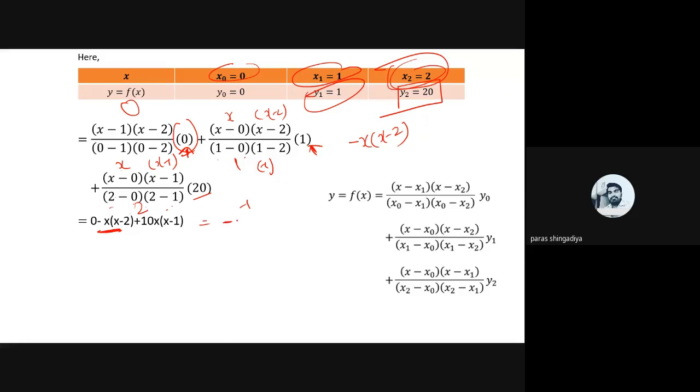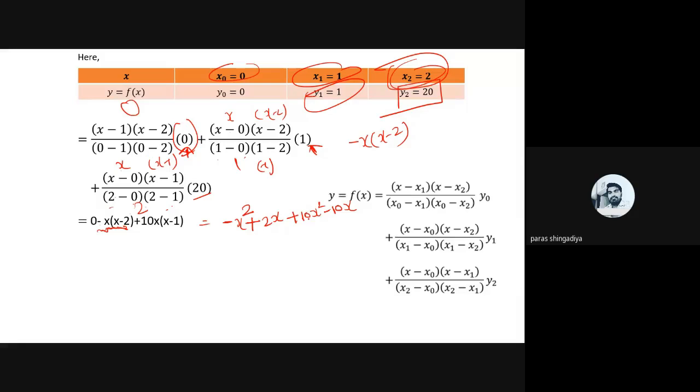It will be minus x into x, that will be minus x square, and minus x into minus 2, so it will be plus 2x, okay, that is the simplified form of the second term, means minus x into x minus 2. And then for the third term, that is 10x into x, so it will be 10x square and minus 10x, okay.